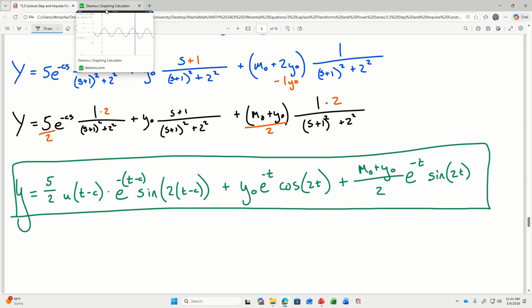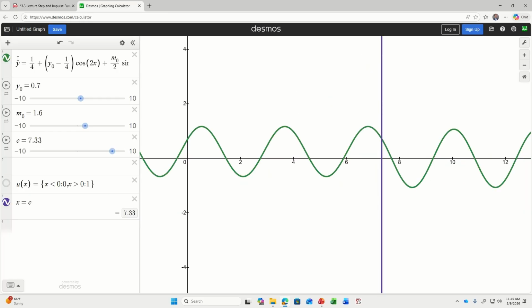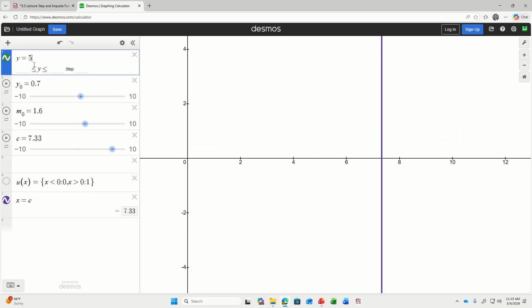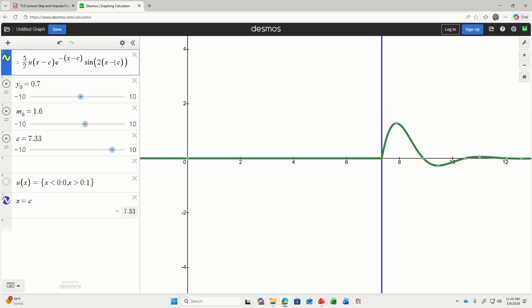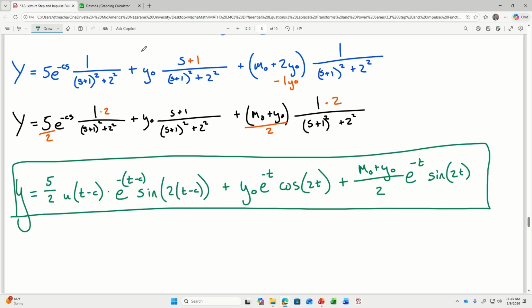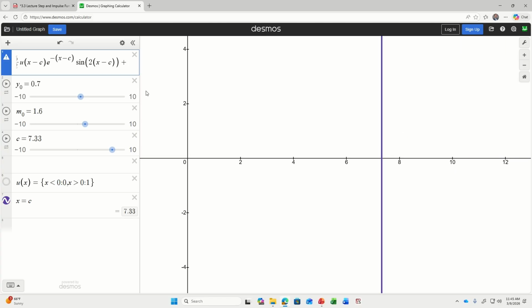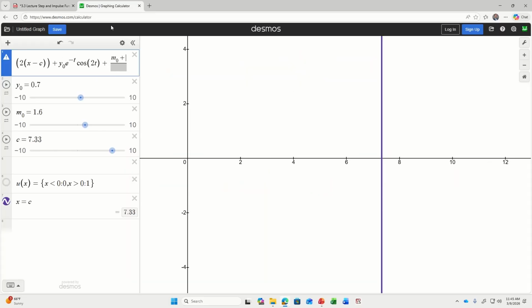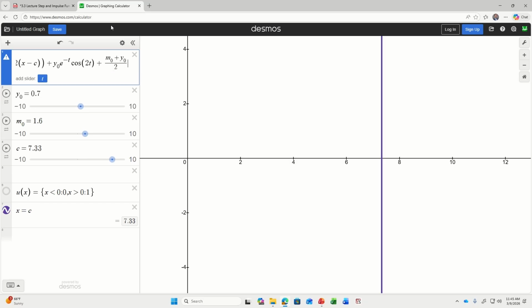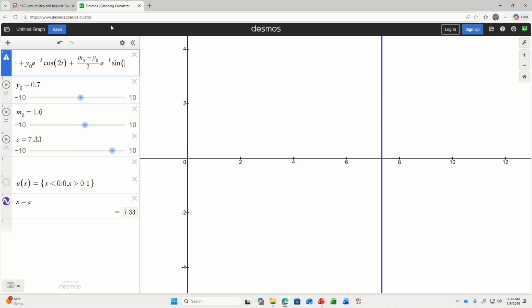5 over 2 unit step, e to the negative t over c, etc. Times sine of 2t minus c, plus y0, e to the power negative t, cosine 2t, plus m0 plus y0 over 2 e to the negative t sine 2t.